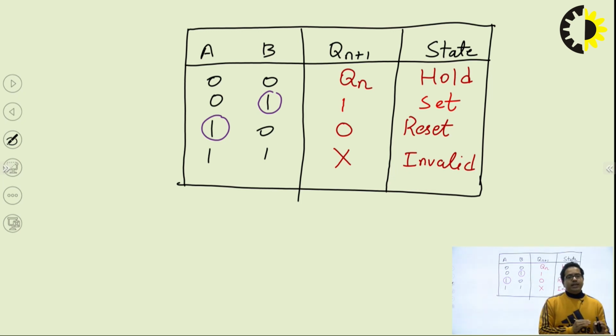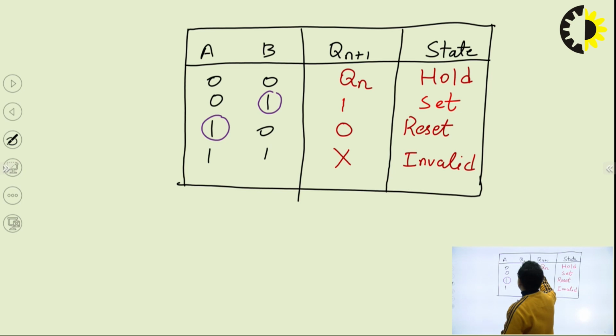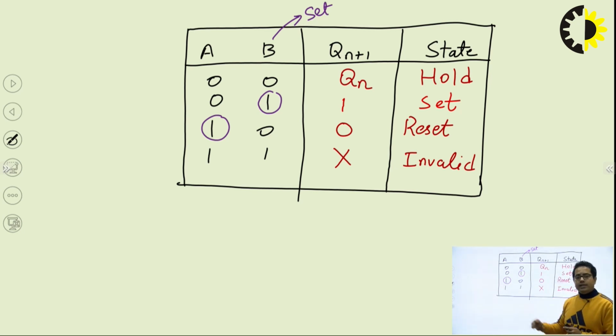Now based upon that value, visualize whether the latch is in the set state or in the reset state. If I am giving value 1 to my terminal B, I am seeing that my output is 1, which is the set condition. So that means my B will be the set terminal. Another thing, by giving a value 1 to my terminal A, I am seeing that my output is 0.